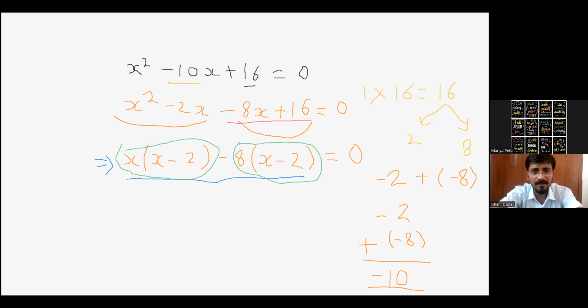Now if you look at both of the terms, something is coming common. Can you tell me what is coming common? Any idea? If you look at x within parenthesis x minus 2, and in the second also minus 8 within parenthesis x minus 2, what is actually coming common?